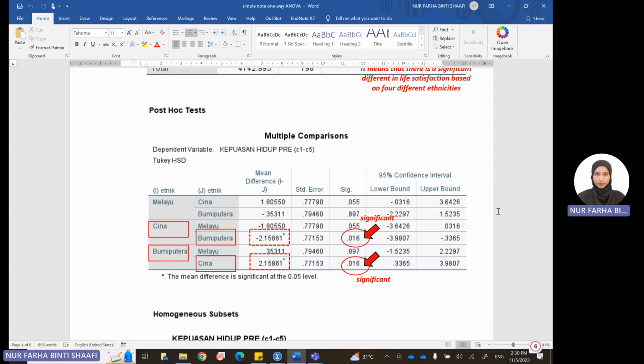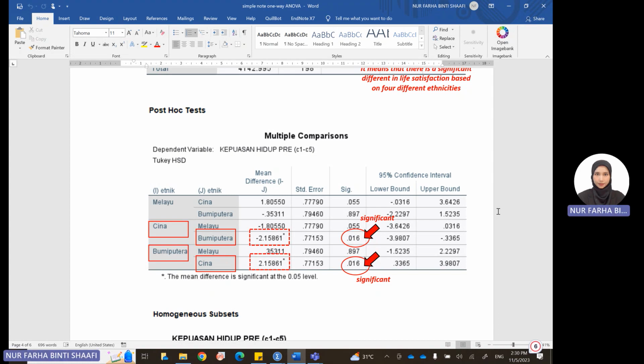So there is a significant difference between siapa? Between Chinese and Bumiputra. But how much the difference? Look at here. Okay, negative 2.15. Why does it have negative there?